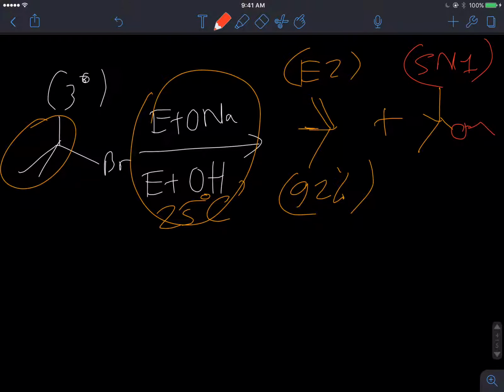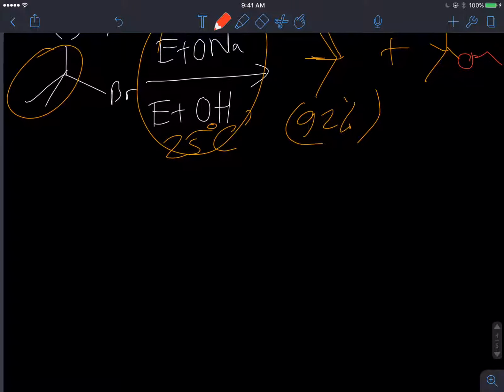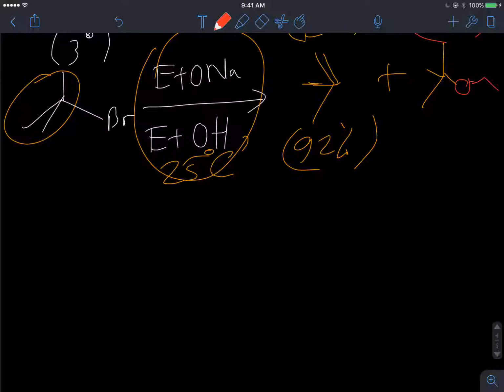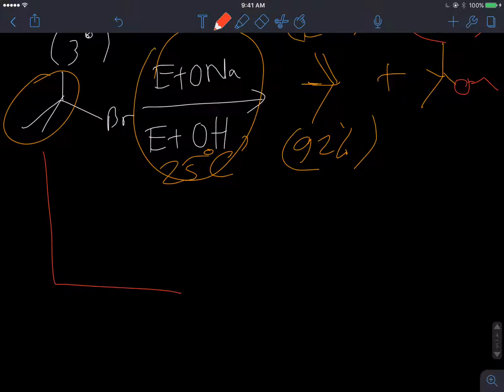Okay. Now if this reaction includes E1, E2 and SN1, what if I give you a little bit higher heat, not too much, the same substrate, the same nucleophile and the same solvent?